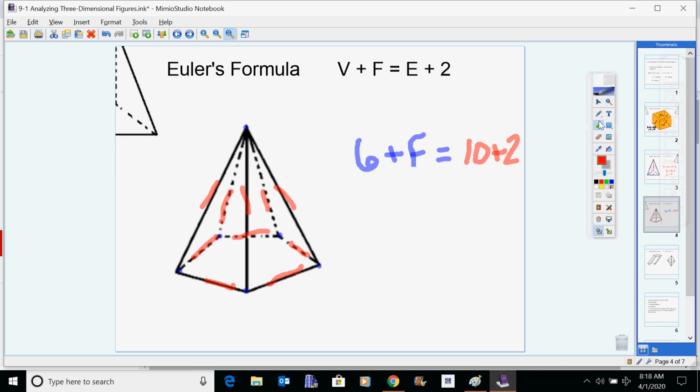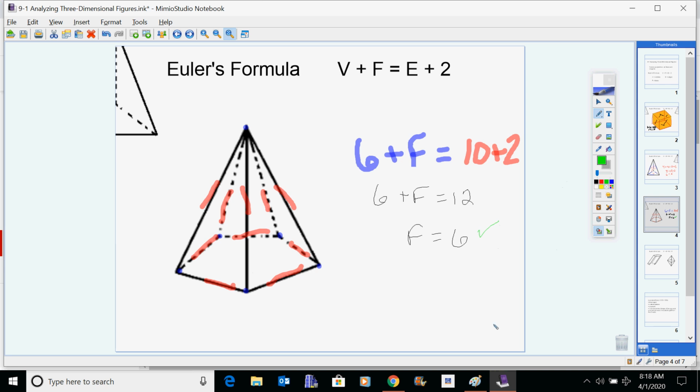Means that if I do this little bit of math, I've got 6 plus f equals 12. And so that would mean that f would have to equal 6. So I'm expecting it's going to be 6 faces. To actually count that, you know, that there's 5 triangles going around the top and 1 bottom faces in that.